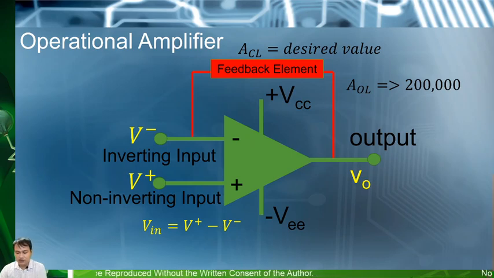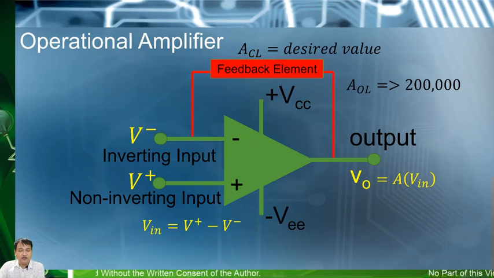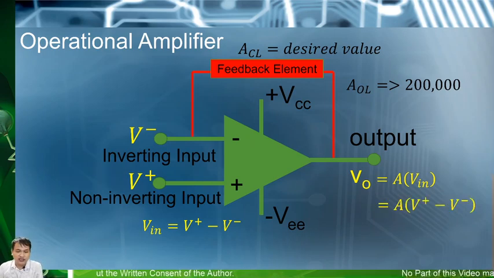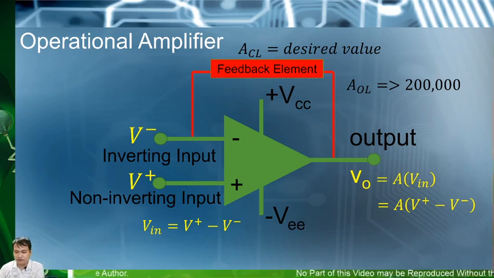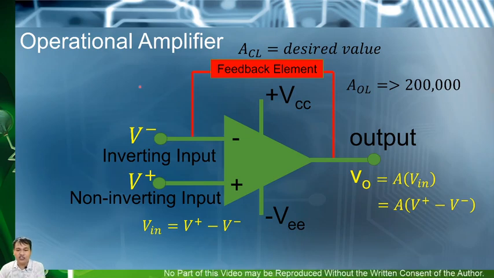So VO is equal to gain times V in, where V in equals V plus minus V minus. The output signal is proportional to the difference in the voltage between these two input signals.